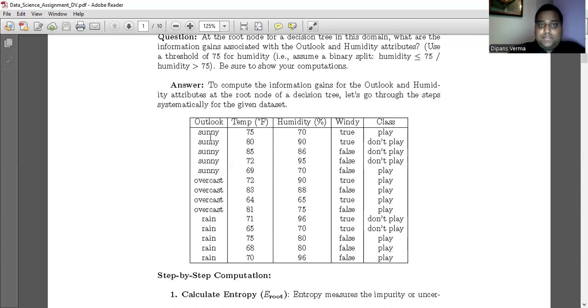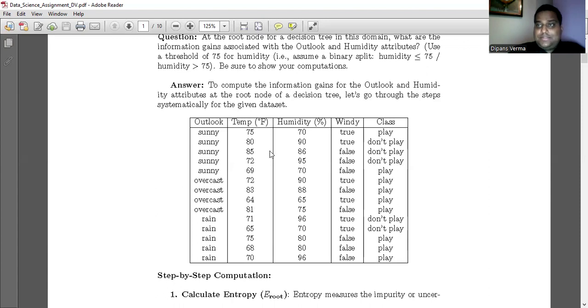Temperatures vary accordingly. You can clearly see 75, 80, 75, 68, and 70. The highest temperatures you can check are 85 and 83, and there are also 65 and 81. Sometimes overcast is 83, but in sunny it is 85 or 80.